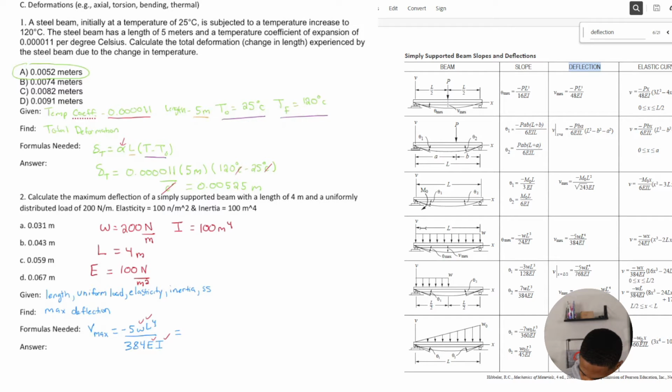This is equal to -5 times my 200 newtons per meter times my L, 4 meters, all to the 4th, over 384 times 100 Newton per meter squared, and then multiplied by I, which is 100 meters to the 4th.